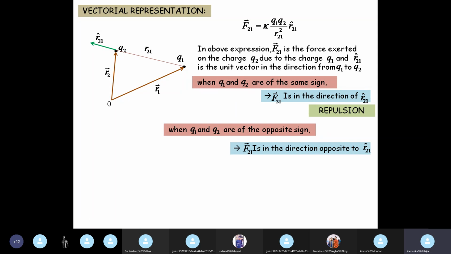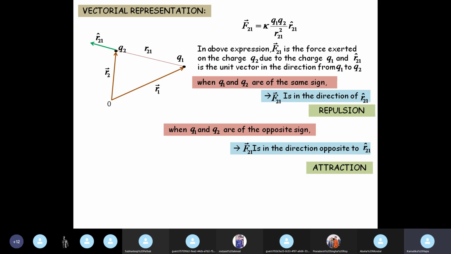So r21 is this side, and F21 will be directed in this direction, which means there is attraction. All this while you sort of learnt that like charges repel, unlike charges attract. Now that you know the vector representation, you can directly see why like charges repel and why unlike charges attract.